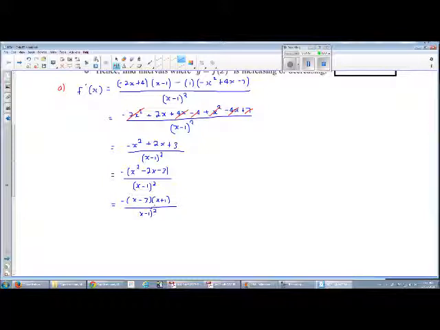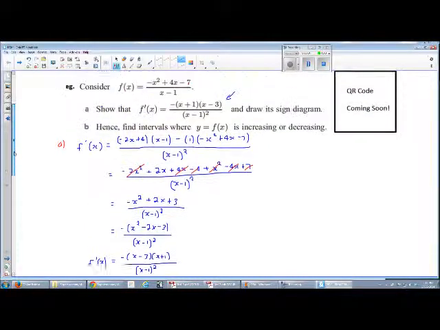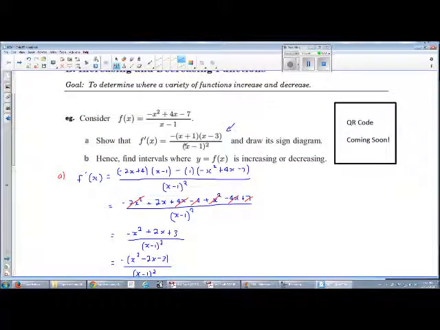And then I'll look to see if there's anything I can simplify from the numerator and denominator, but there are no common factors, so that is the way I have to leave that. So the derivative function, or the gradient function, is f prime of x equals negative x minus 3 times x plus 1 all over x minus 1 squared. And if I look up here, that is exactly what I was meant to show.